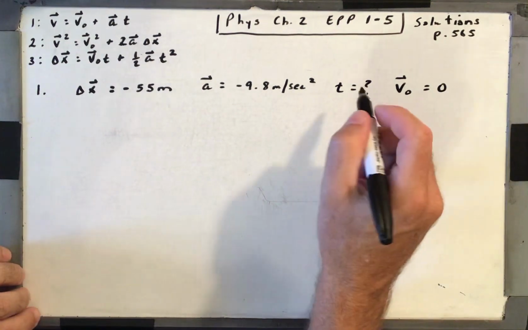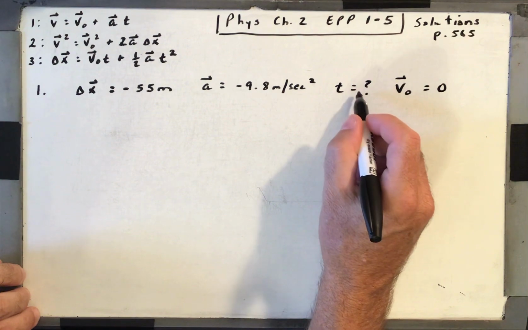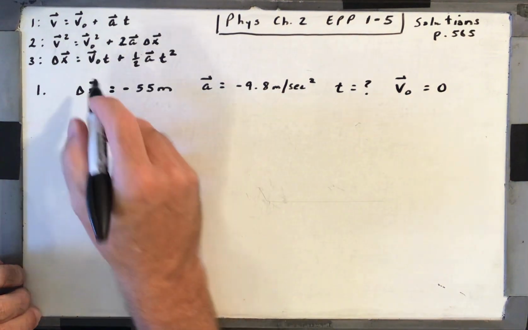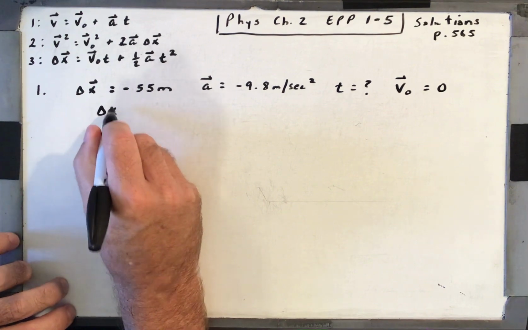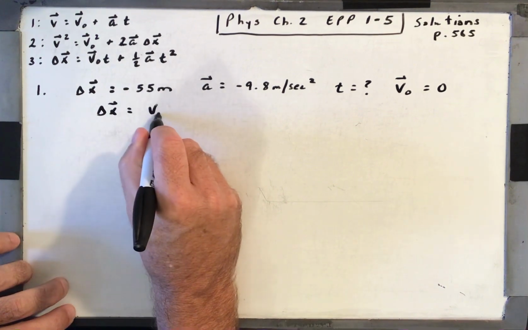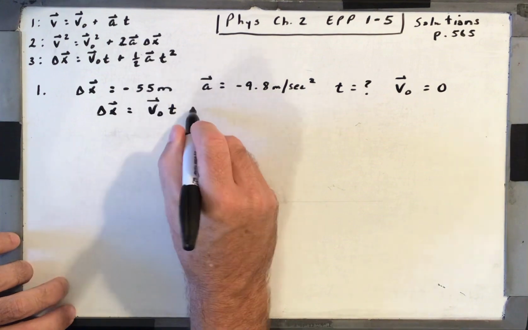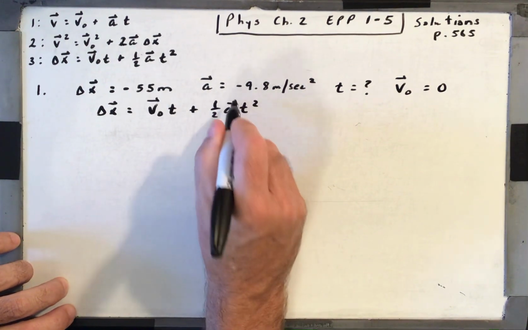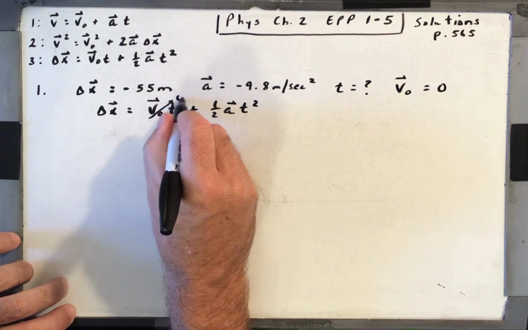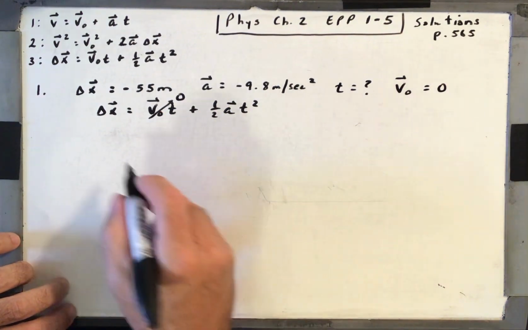So we're looking for time. We need an equation that has time in it and delta x, and that's going to be equation number 3. So I have delta x is equal to v naught t plus 1/2 at squared.